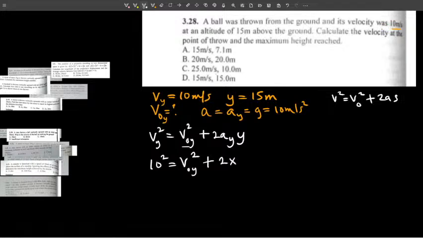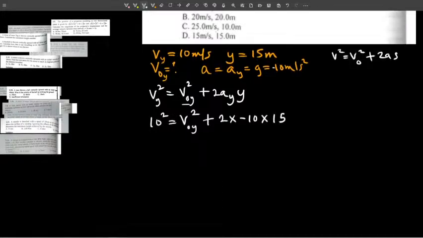So in this case, it was thrown from the ground, which means that this a is negative. That'll give me 2 times minus 10 times what is my y? 15.